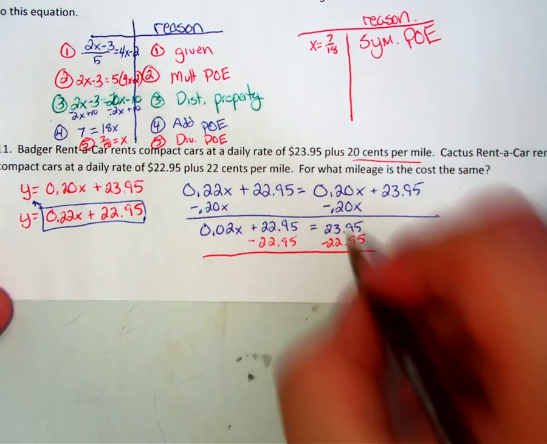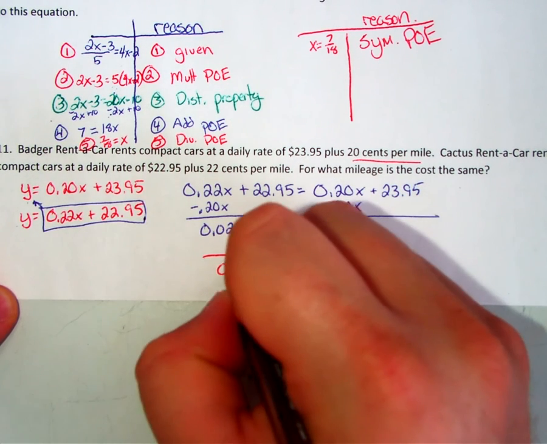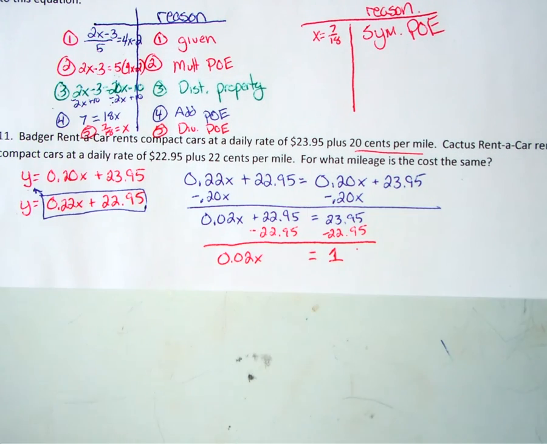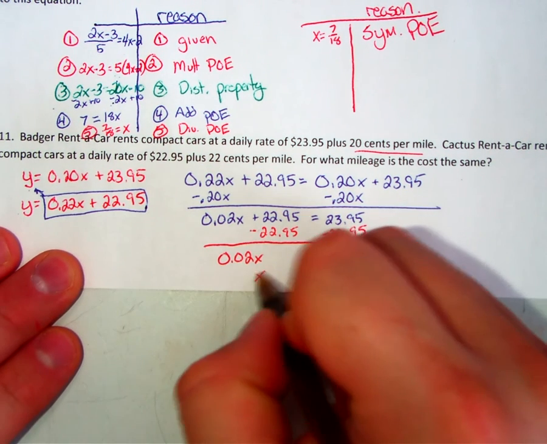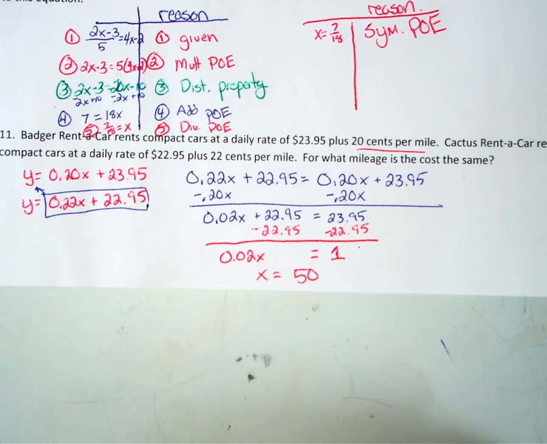All right. So 1 is equal to 0.02x. Now we're going to divide by 0.02, and x is equal to 50. Now we just have to remember what x represents.